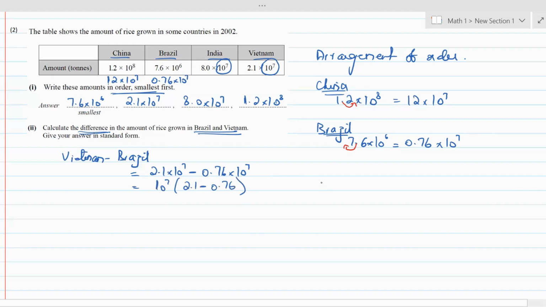And here you can subtract them. So we would have this subtraction done.